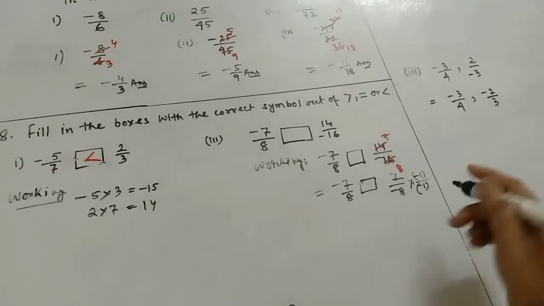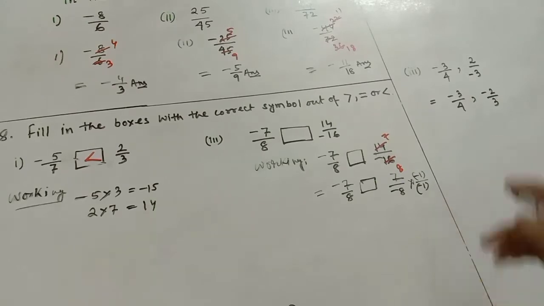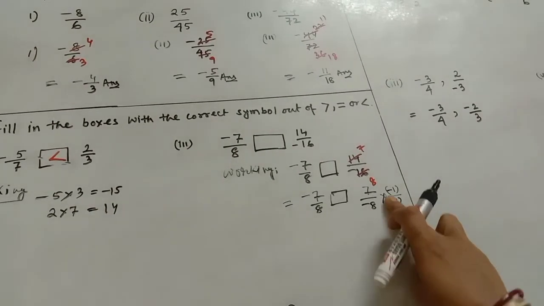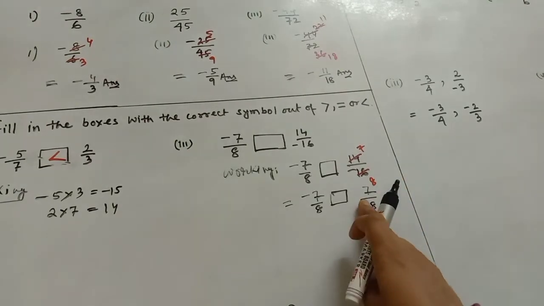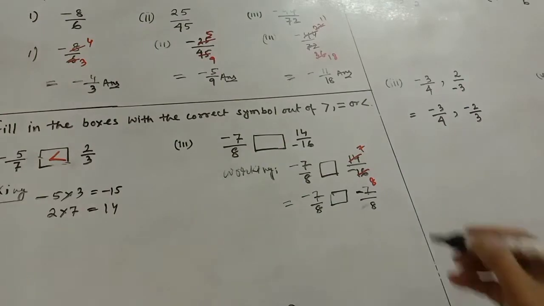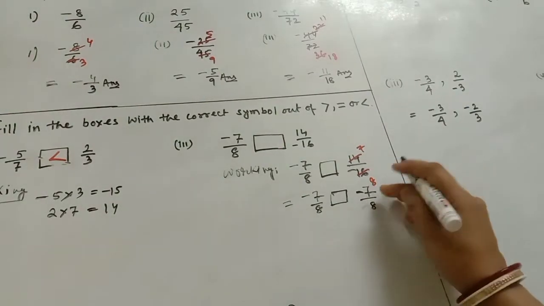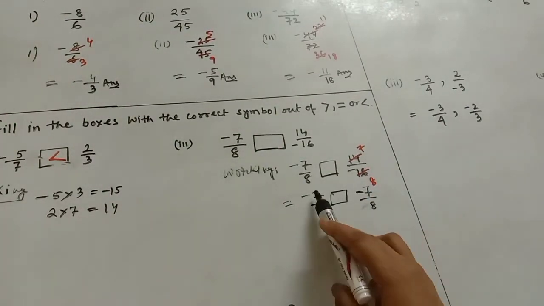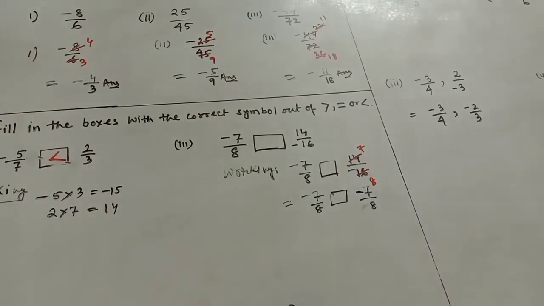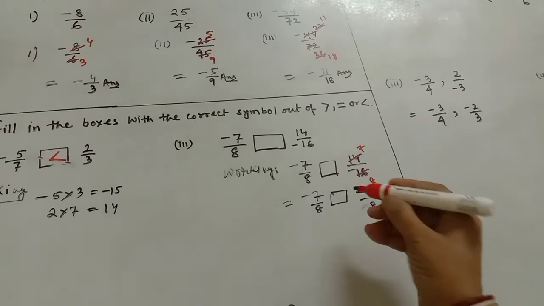This is a long way, so you can do it directly also. What you can do is take the minus sign in the numerator from the denominator. Now you can see that this is also minus 7 by 8, and this is also minus 7 by 8. So both the numbers are the same, so they are equal.